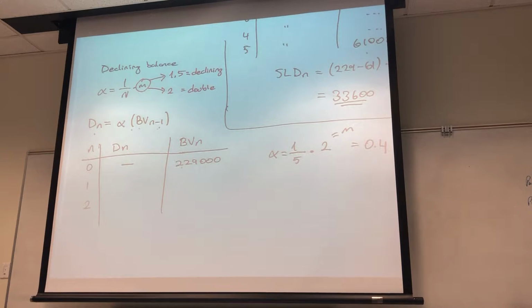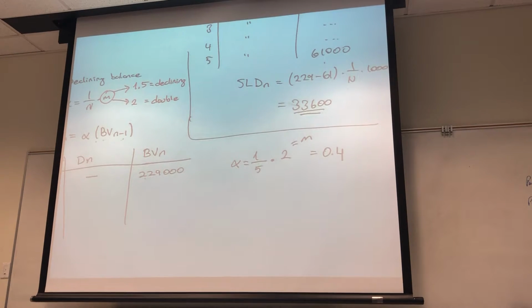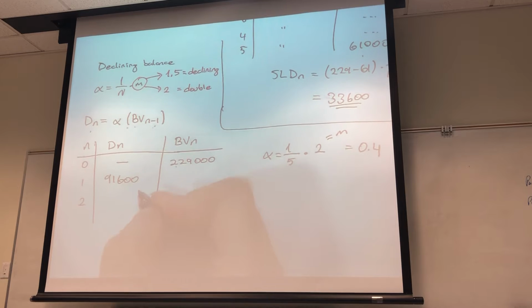Be careful with that. Every semester, some people deduct from the initial one. No, it should be the previous one, right? So 229 minus 91.6 will be equal to 137,400. Okay, let's continue with this. The dn will be equal to the new book value times 0.4.